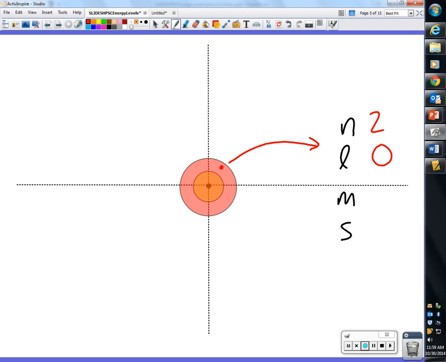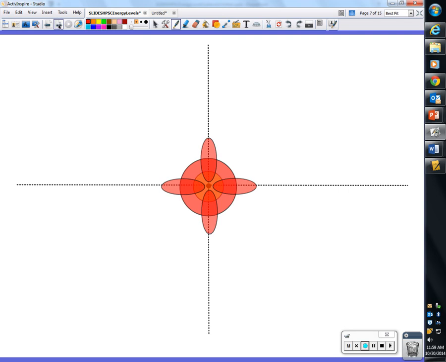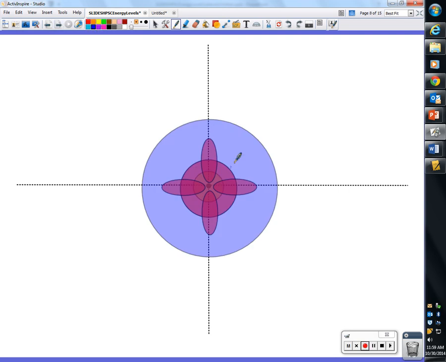If you're keen, you might be able to figure out where I'm going next. This electron that exists in the blue sphere has to have a set of 4 quantum numbers that distinguishes its orbital from all the other orbitals. What shape orbital is this one in? So what's the L value?